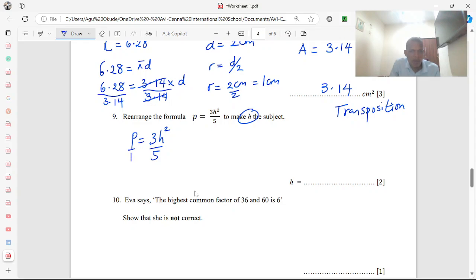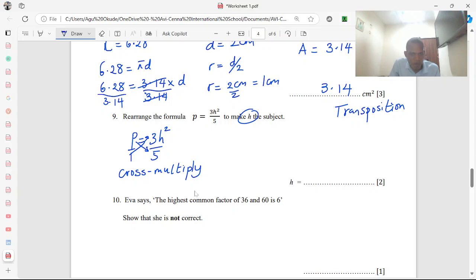So when you have two fractions like this, what you should do is cross multiply. This 5 will multiply P, that's how to cross multiply.